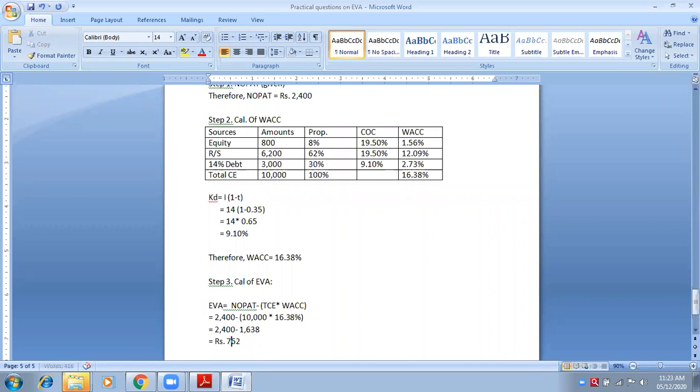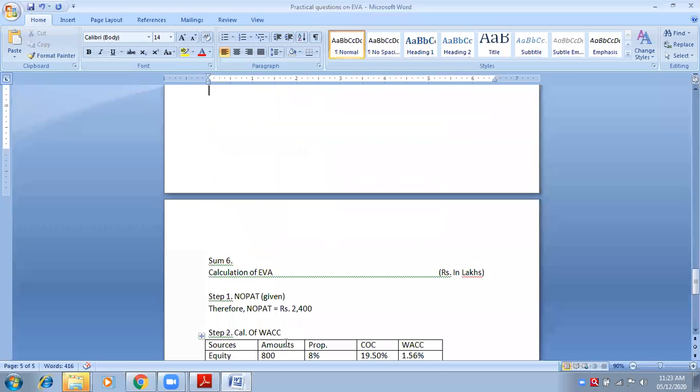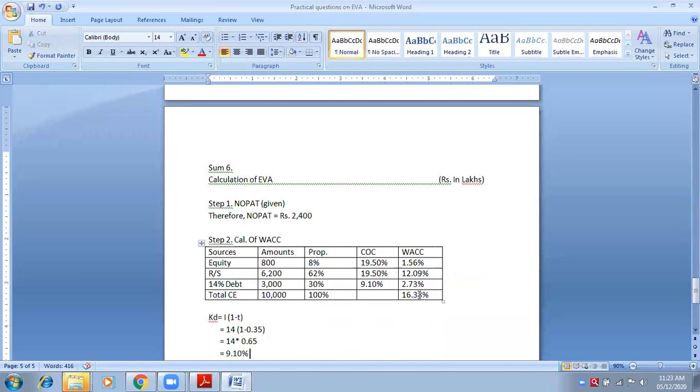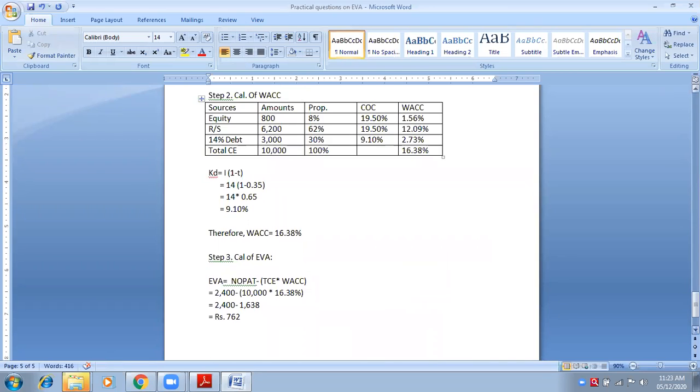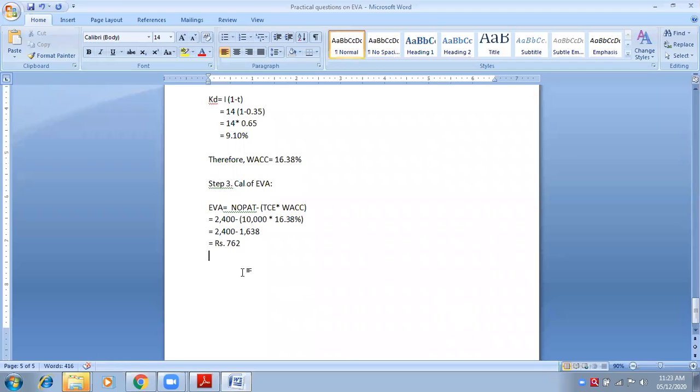We write it this way because we had already written above that the figures are in lakhs. So whatever figure will be there, it will be considered as in lakhs. I was just explaining if we write zeros, then it would be 7 crores 62 lakhs. Is it clear?